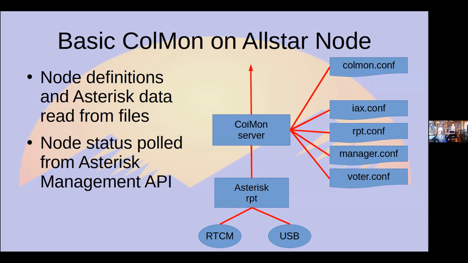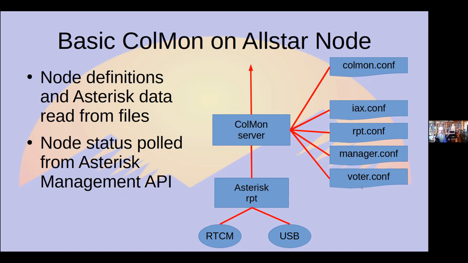And then we also have this CallMon server that very often runs on the same machine as that Allstar instance. That particular CallMon instance will obviously read its own configuration file, callmon.conf, but it will also go and read the configuration files that Asterisk is going to be reading.